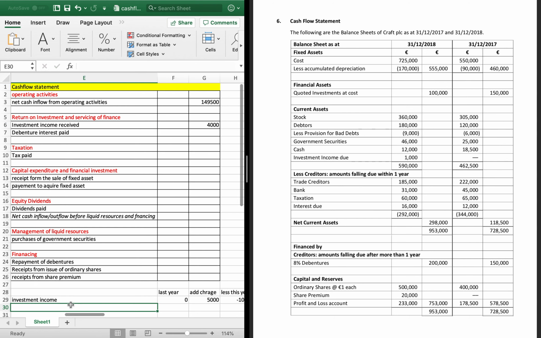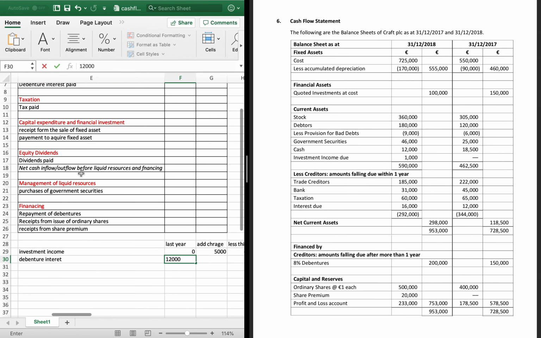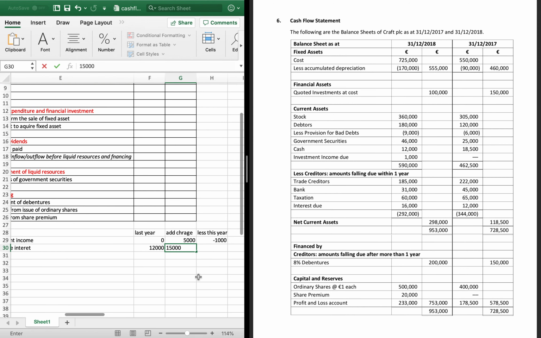Now we do the same for debenture interest. Last year's debenture interest due was 12,000. The answer from part A was 15,000. So we owed 12,000 from last year. We owe a further 15,000 from this year. And at the end of the year, it tells us we owe 16,000.